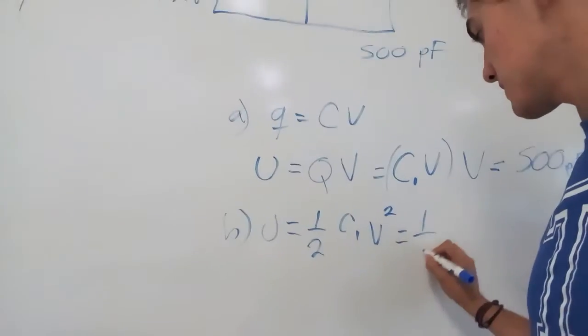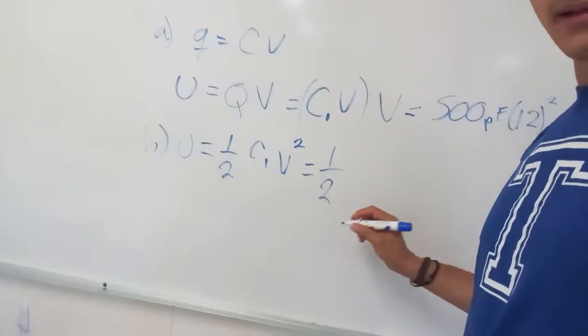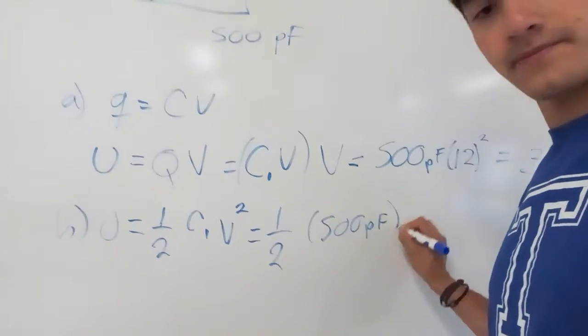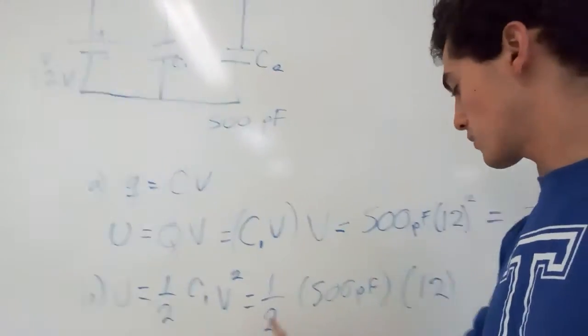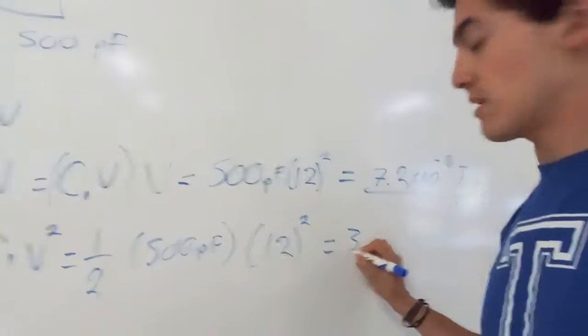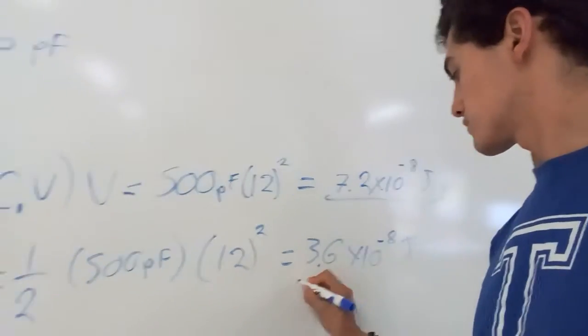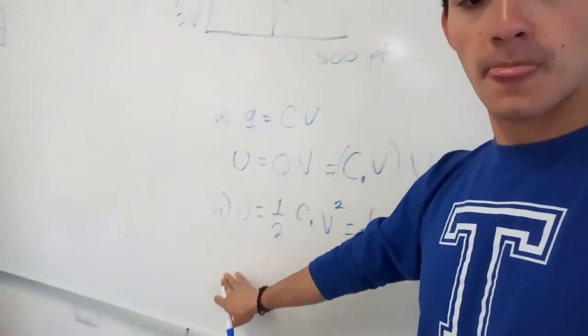So we substitute the half here, the 500 picofarads here, and the voltage squared here. And this is equal to 3.6 times 10 to the minus 8 joules. And this is the answer for letter B.